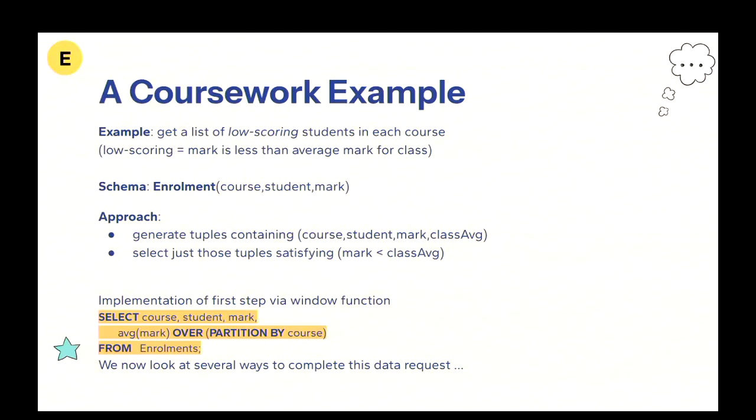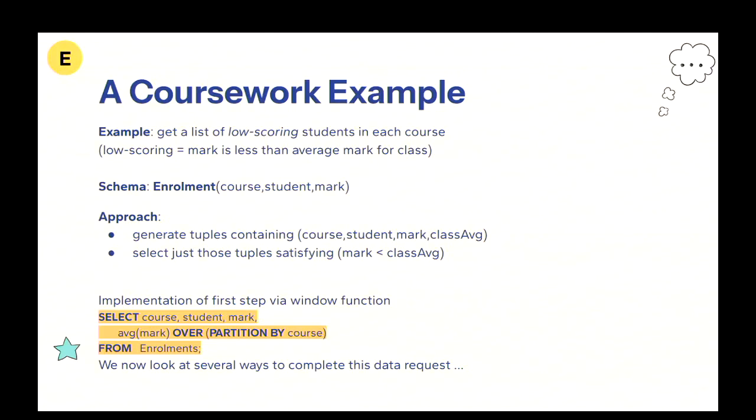We can use this query to generate tuples containing the information about courses, students' marks, and average marks for that course. So this is what we can do for the first step. And for the second step, we can use the different approaches we have discussed just now.